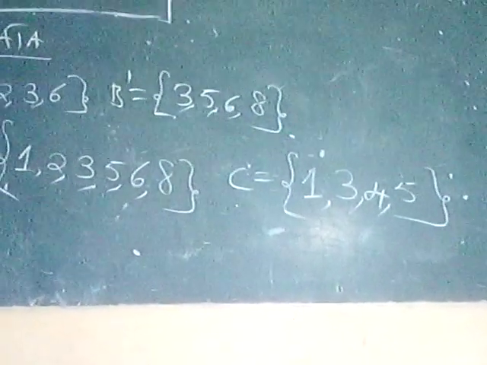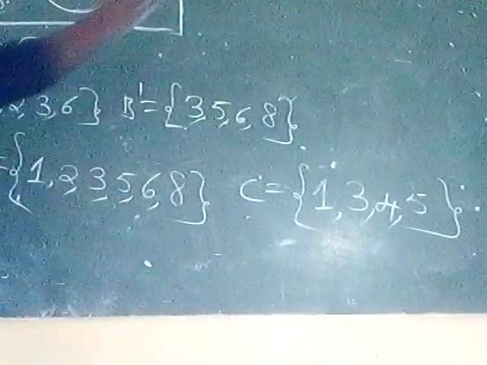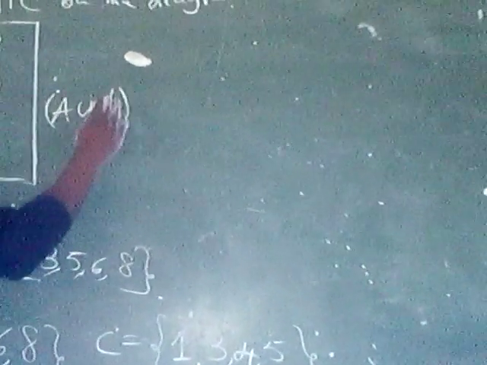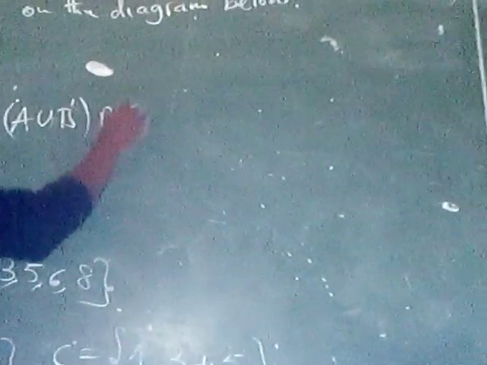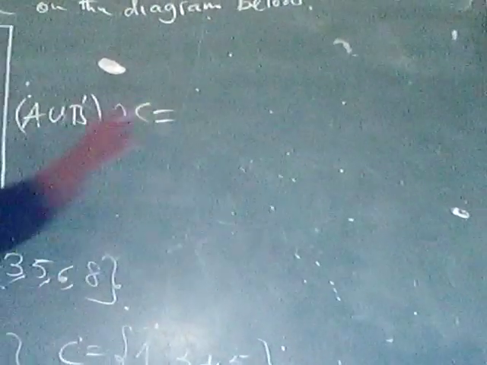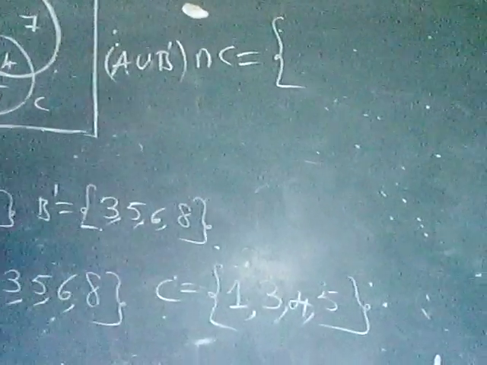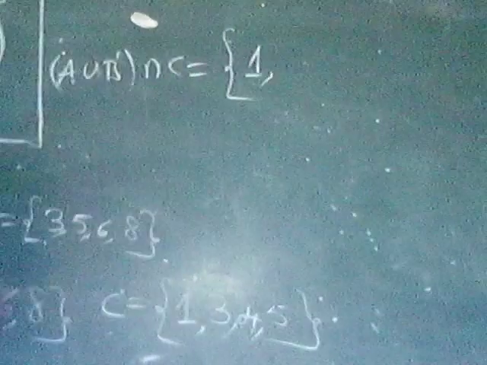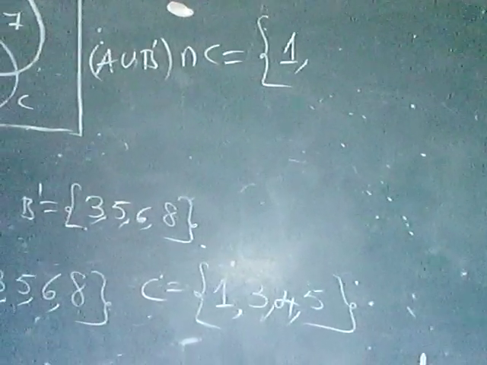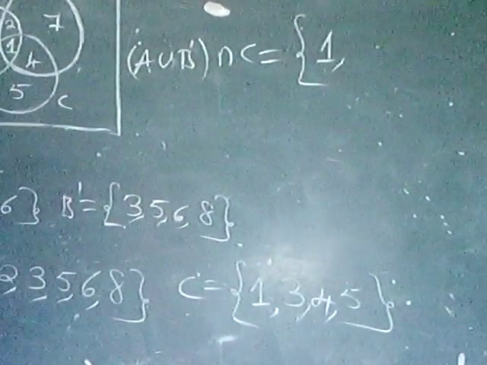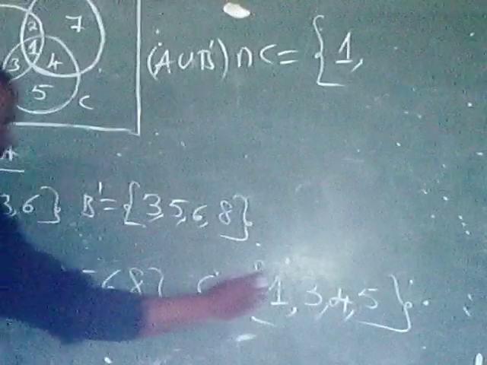So finally, we say A union B complement intersection C is equal to, let's compare. What do we have? 3. Then we have, okay, this one. Let me just be cancelling, so I'll be marking this and this one.